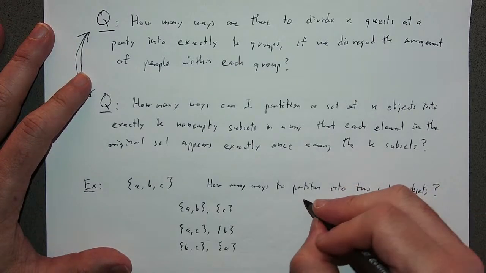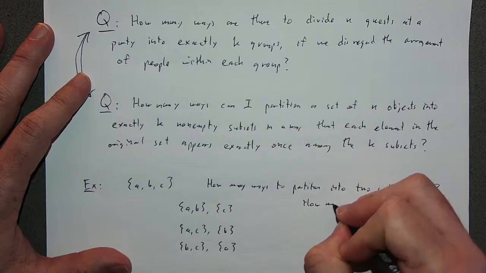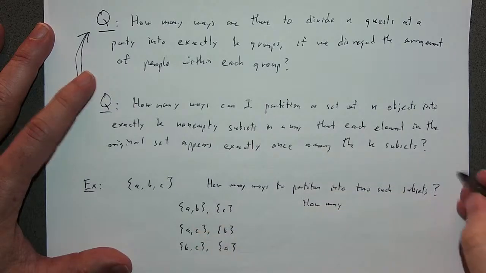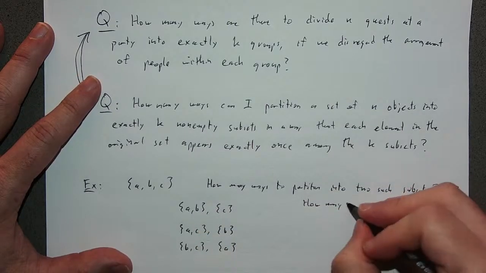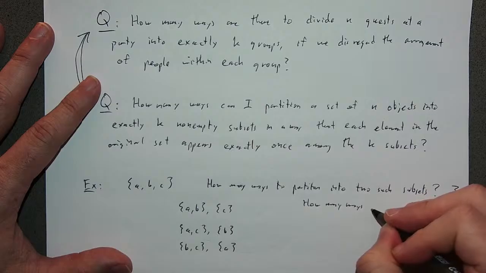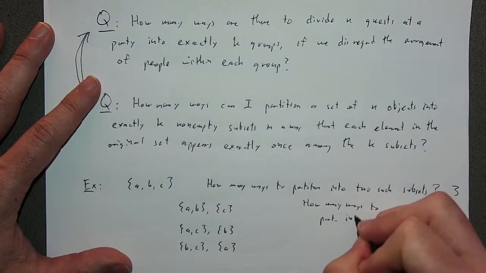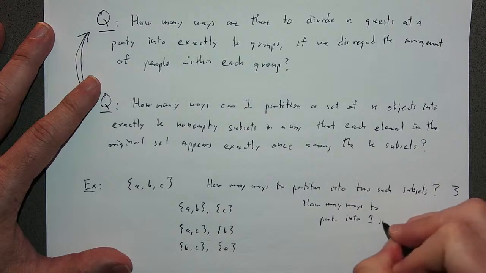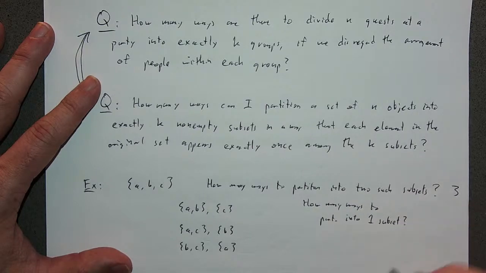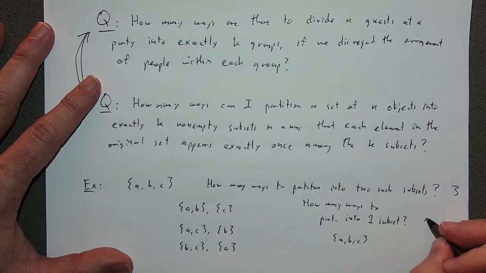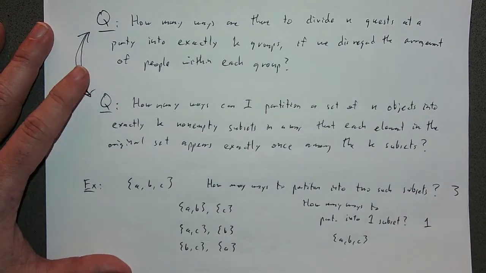So the answer to this question is 3. How many ways to partition into one subset? Well, just one. That's the only way.